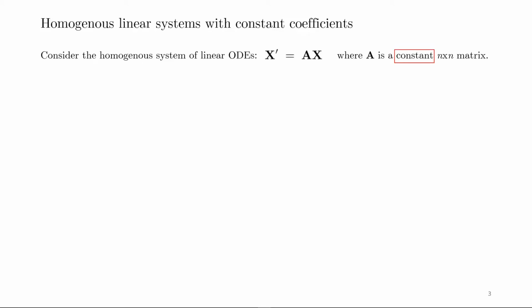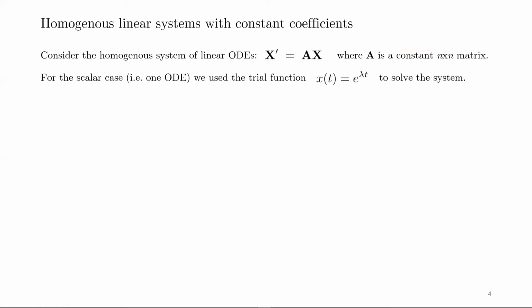So let's consider the homogeneous system of linear ODEs. Remember here, X is the vector of dependent variables, and A is the coefficient matrix, which in this case we are taking to be a constant n by n matrix. There are n equations in this system, so A has to be an n by n matrix.